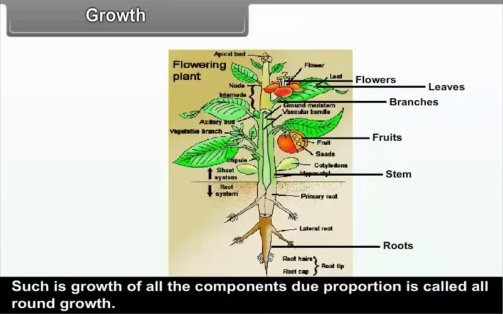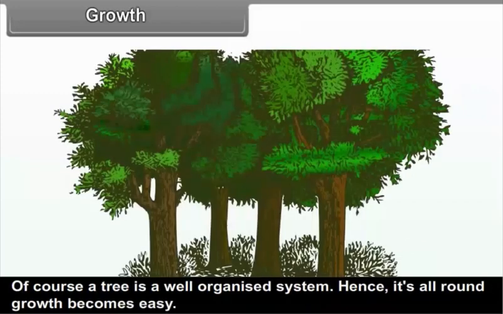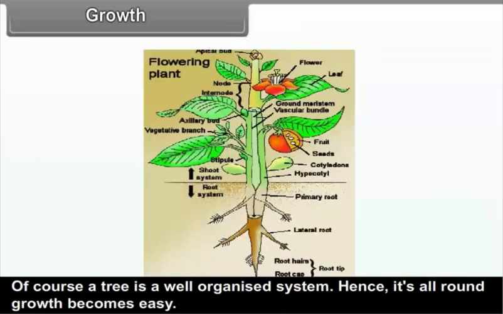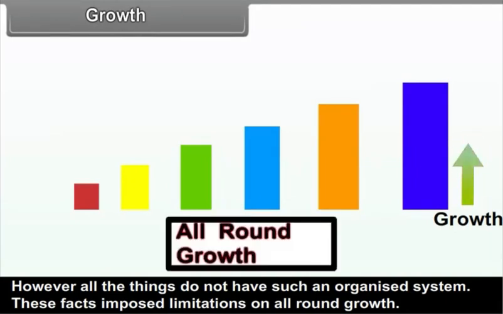Such growth of all the components in due proportion is called all-around growth. Of course, a tree is a well-organized system. Hence, its all-around growth becomes easy. However, all things do not have such an organized system. These facts impose limitations on all-round growth.